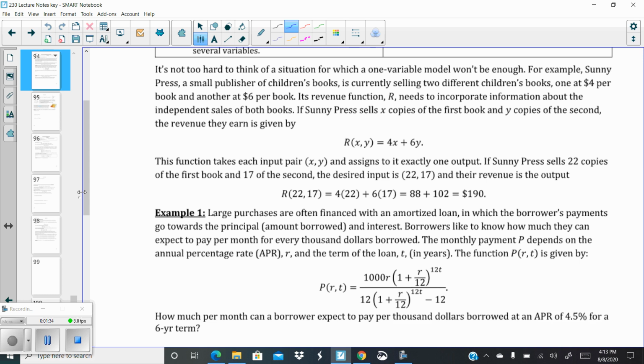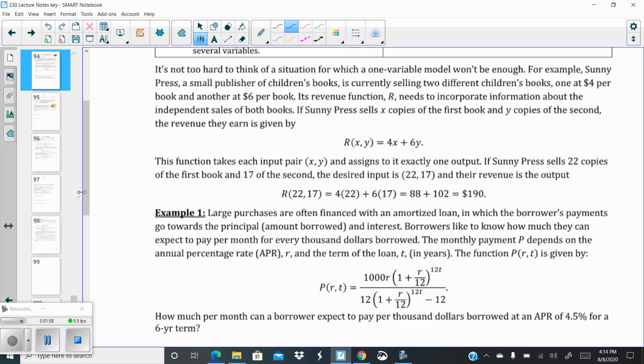Its revenue function, R, needs to incorporate information about the independent sales of both books. So if Sunny Press sells X copies of the first book and Y copies of the second book, then the revenue is going to be a function of both X and Y. So it's R of X comma Y. That's not R times a point or something like that. It's R of X and Y.